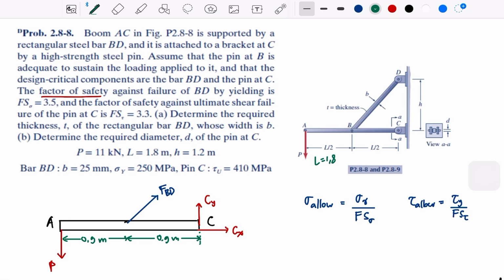Can we find a relation to make BD come in this direction? Because every time you have a free body diagram, the one thing you need to do is find the equilibrium, and one of the equilibrium equations to find first is the sigma moment equals 0.